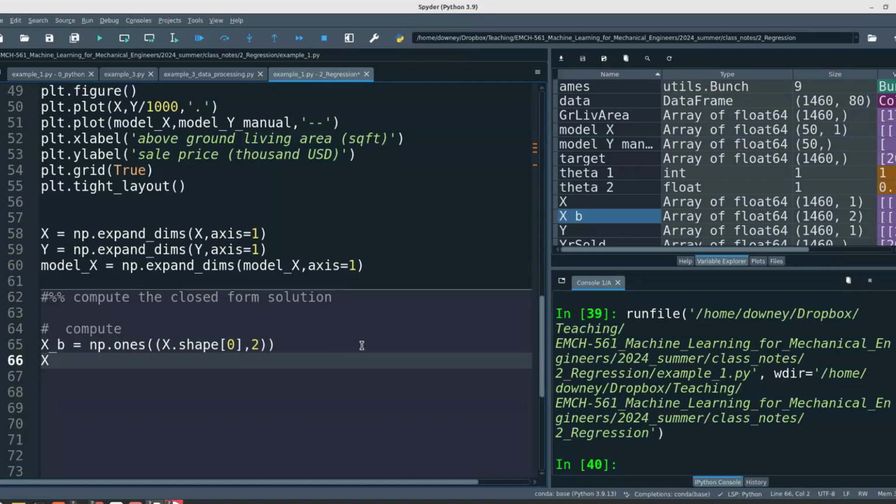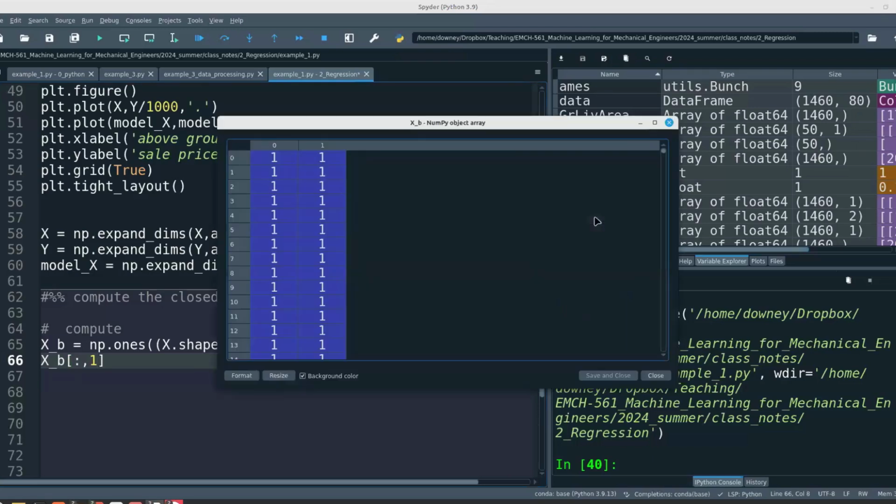Now, X underscore B for all of my rows for column 1. And again, the index starts at 0. So column 1 is actually my second one here, right? Again, X is my data. So I need to get my data into X. And we'll talk a little bit later about why we have this bias term 1 here at the beginning.